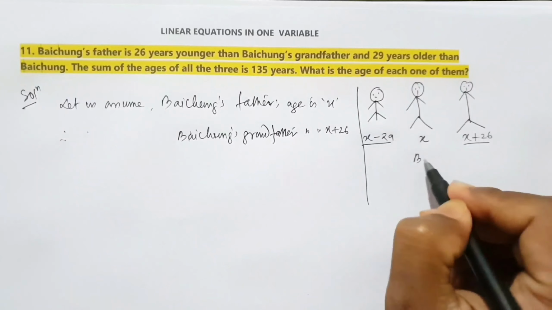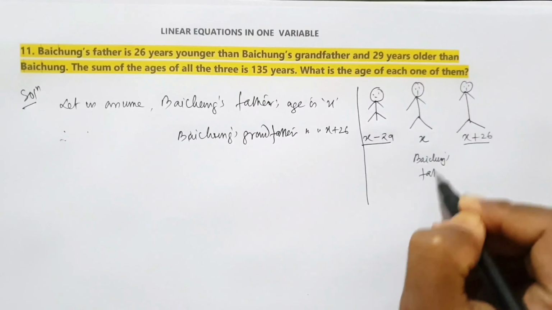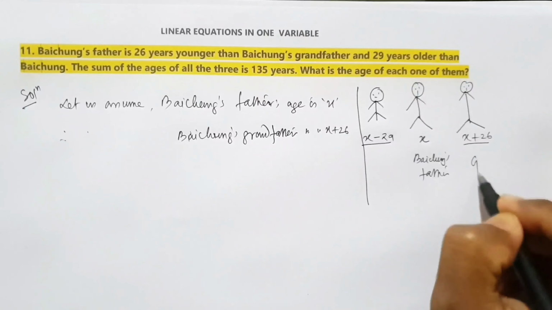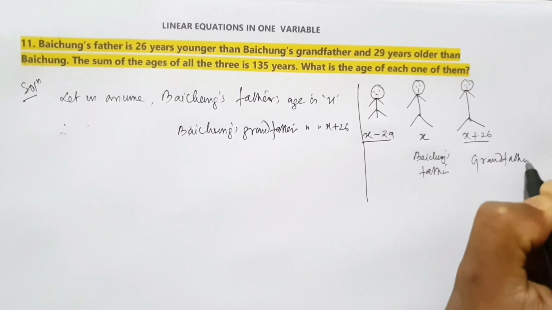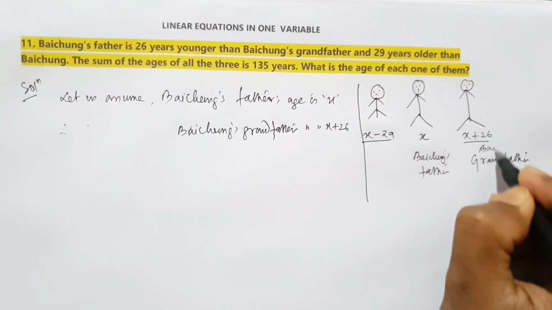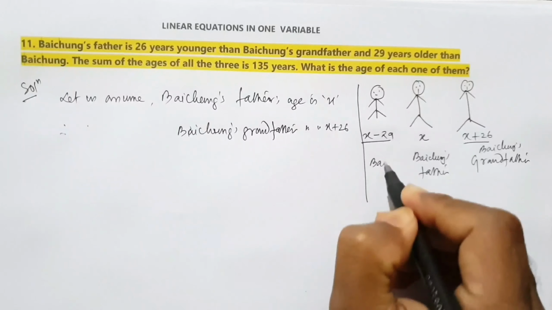This is here Baichung's father. This is grandfather. That is Baichung's grandfather. The first one is Baichung.